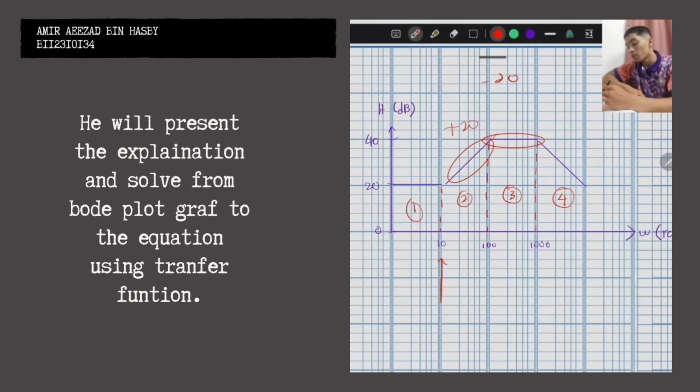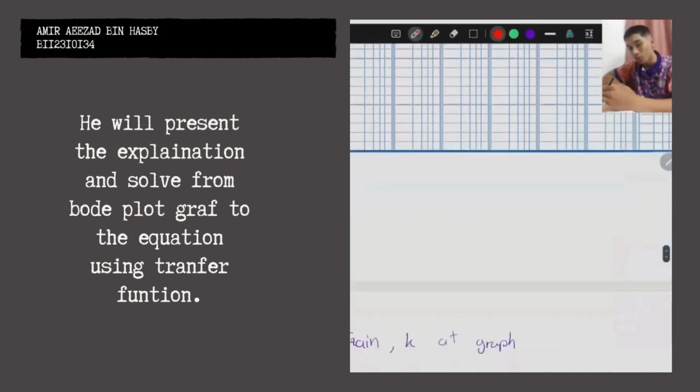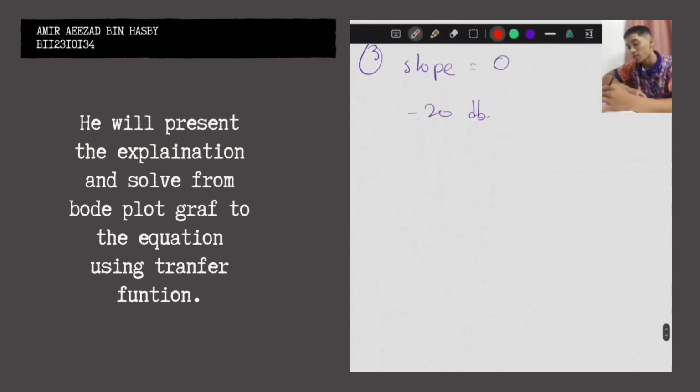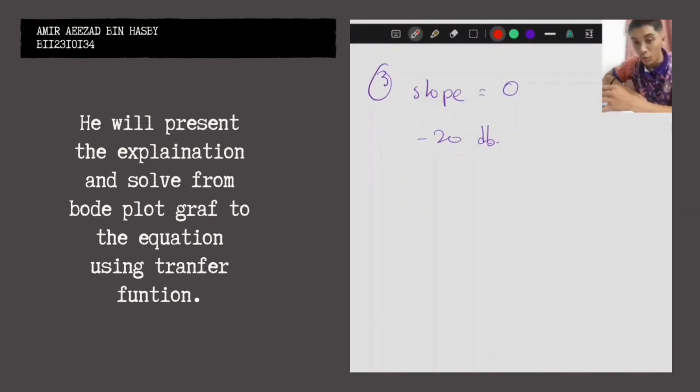So to gain a horizontal value with a slope of 0, we need to make the slope negative 20 decibel. Why?